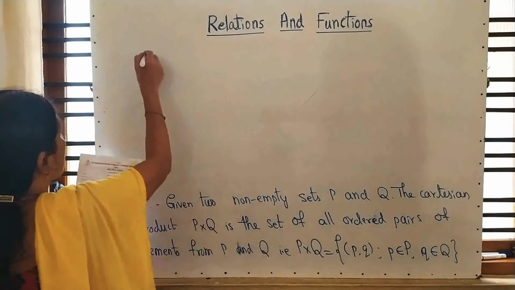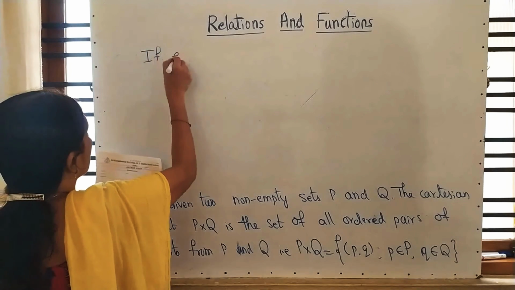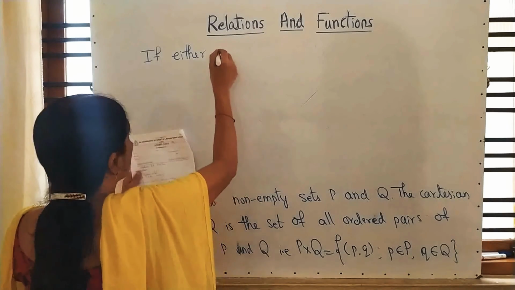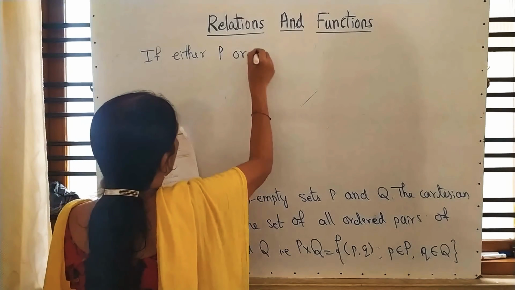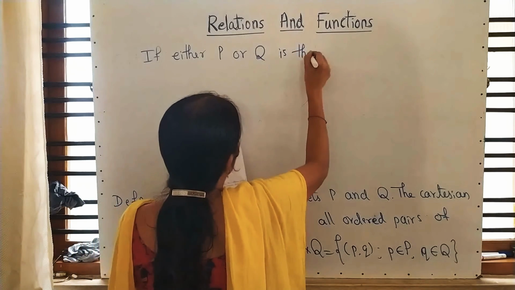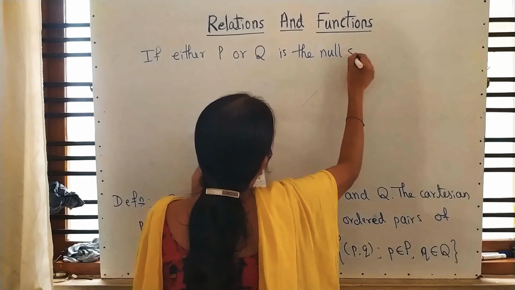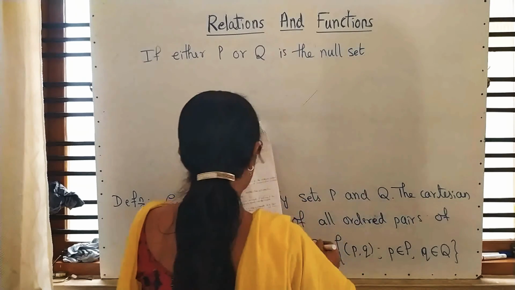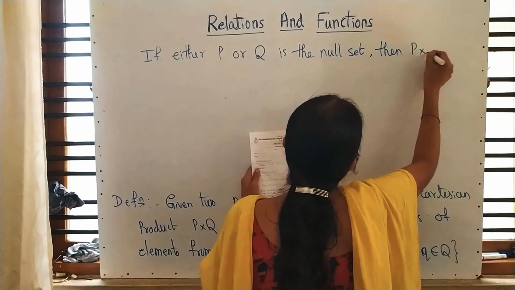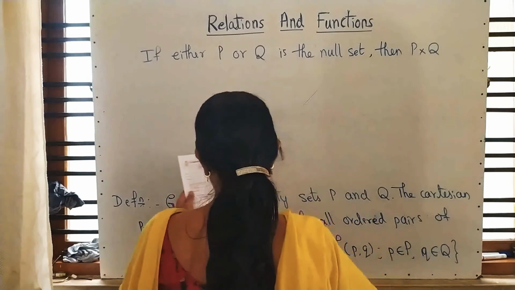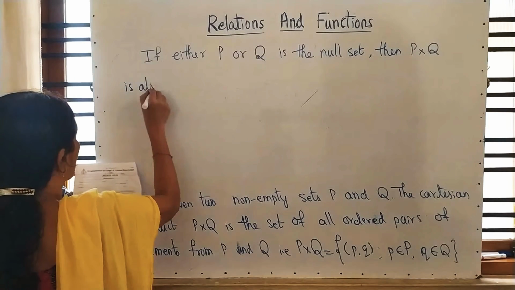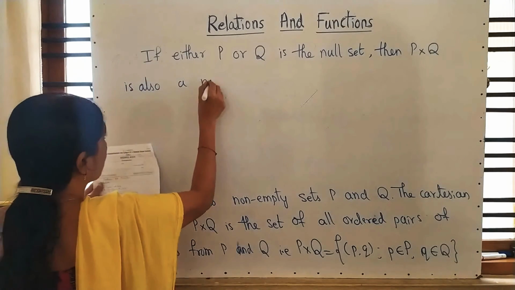If either P or Q is the null set, then P cross Q is also a null set.